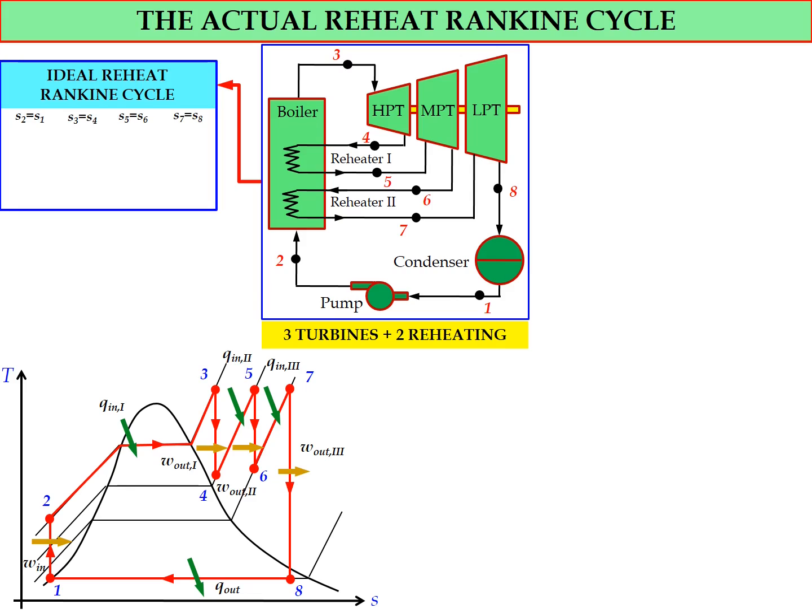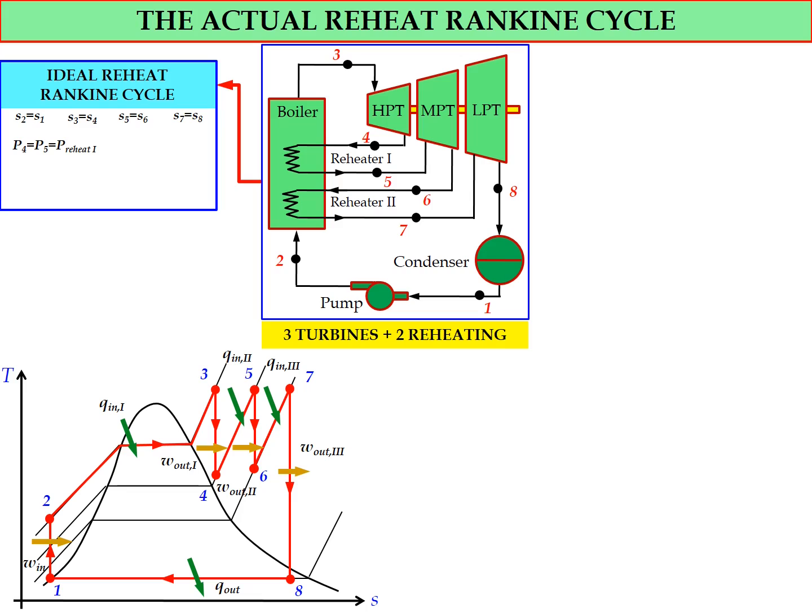In terms of properties for the ideal reheat Rankine cycle, we will have entropy values S2 equal to S1, S3 equal to S4, S5 equal to S6, and S7 equal to S8 due to the isentropic process in the pump and also in the turbines.